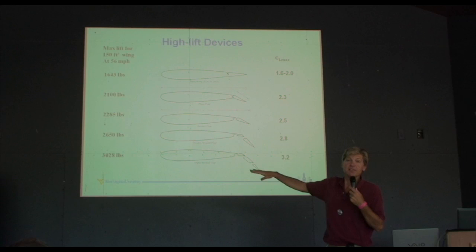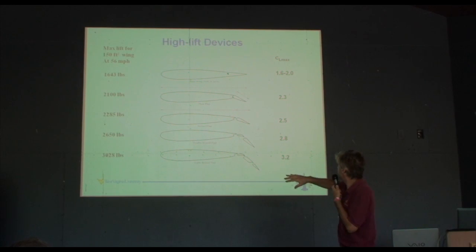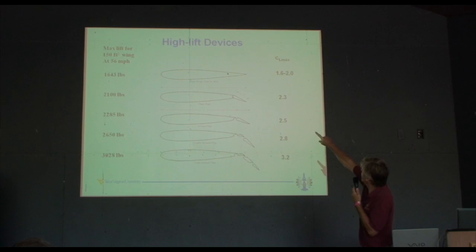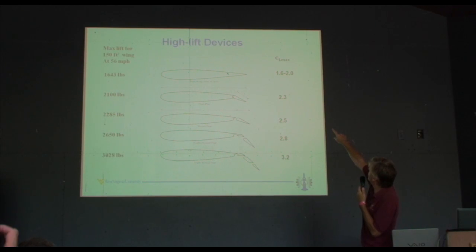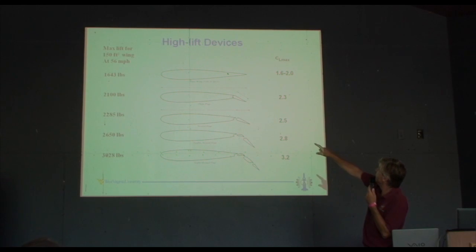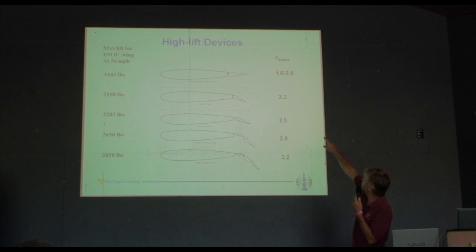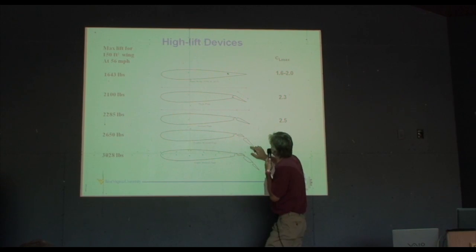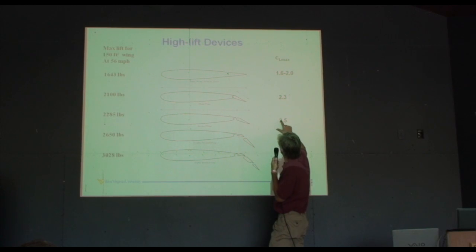Different flaps have different values of maximum lift. On the right, I showed you what the maximum lift coefficient is. A plain wing, clean, is 1.6. For a basic wing, 1.6; a plain flap, 2.3; and then you put a little slot in it and you get up to 2.5.